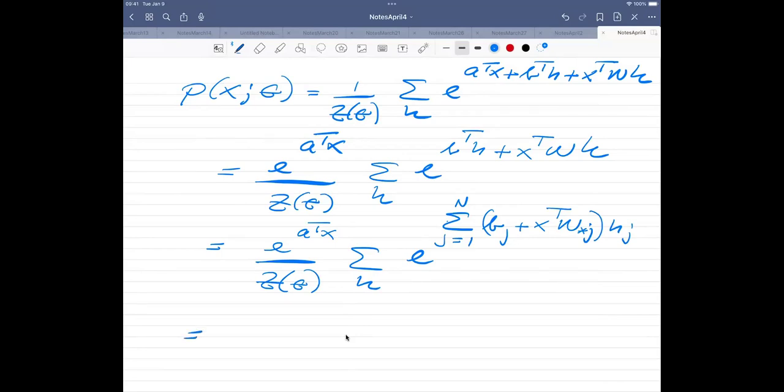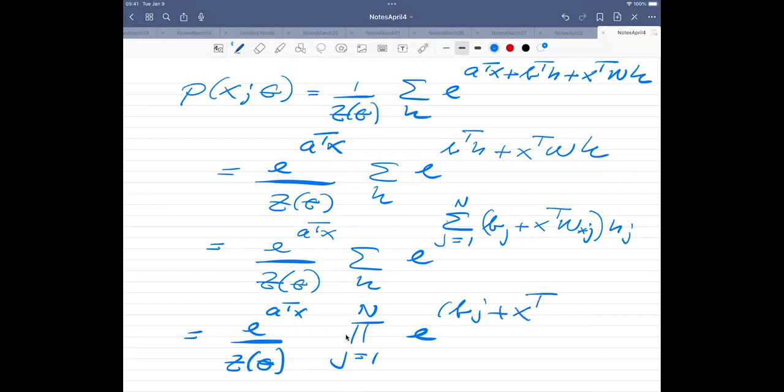Now, this is something which we can rewrite in the following way. I can rewrite this as a product over j equal 1 up to n. And then I have my e of b j plus my x transpose.